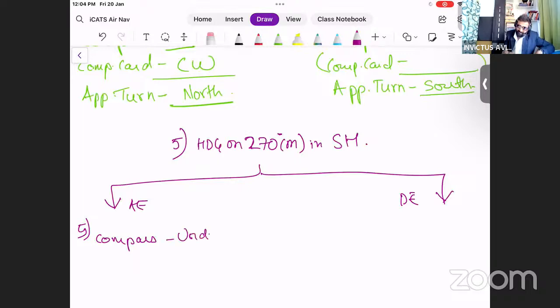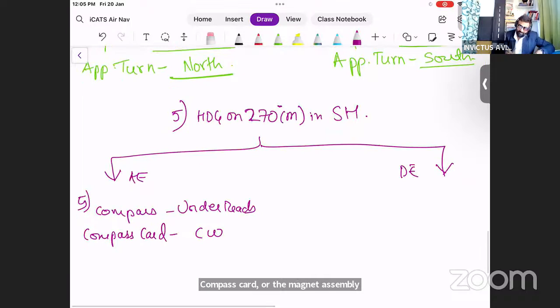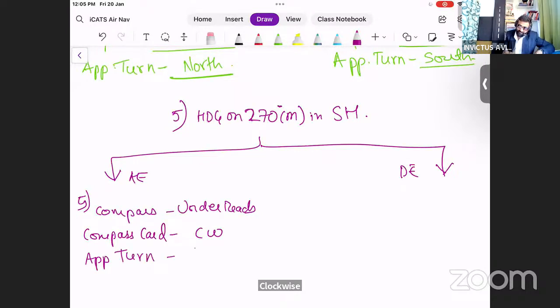Compass underreads, compass card or the magnet assembly clockwise, and apparent turn is towards south.